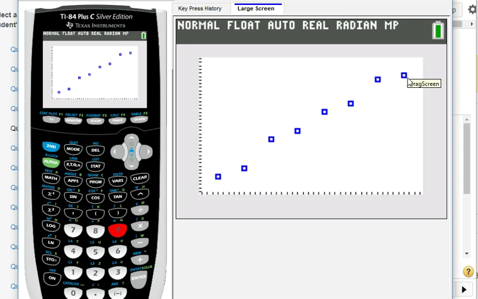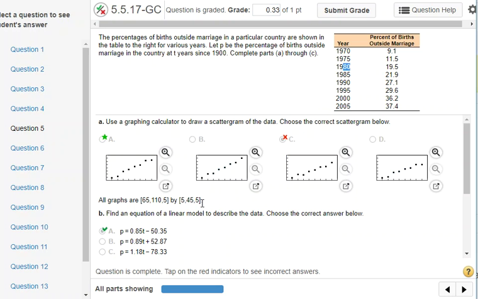If you're working on a worksheet or on a test, you want to zoom stat to get a picture of your data. Sometimes my math lab problems will give you a specific window to graph things in, and if you're going to be comparing all these little graphs, trying to determine which one is the one they want, you're going to change the window manually. So I need to do 65 to 110 by 5, so let's see what that would look like.